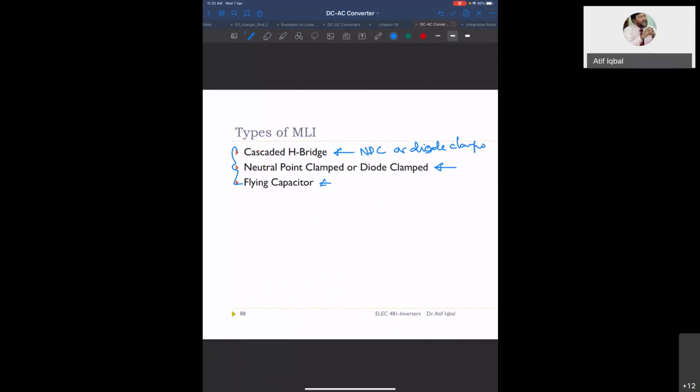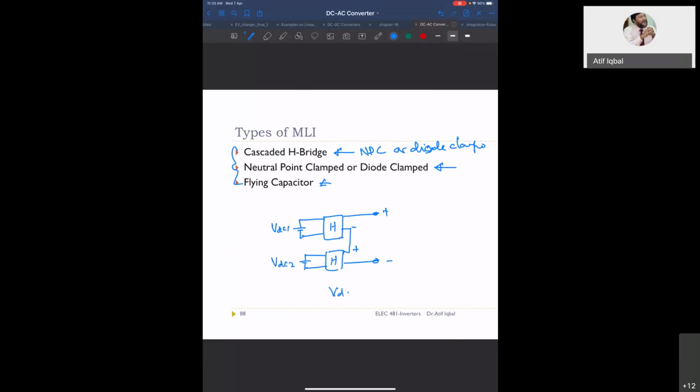Now what is cascaded inverter? You have one H bridge, you take another H bridge, you connect them in cascade. You can have two separate DC links, this is VDC1, this is VDC2.